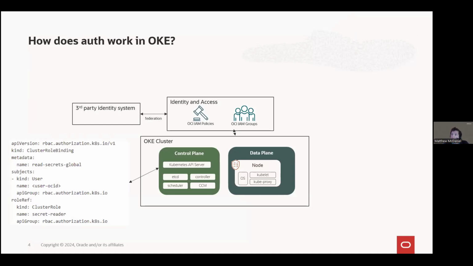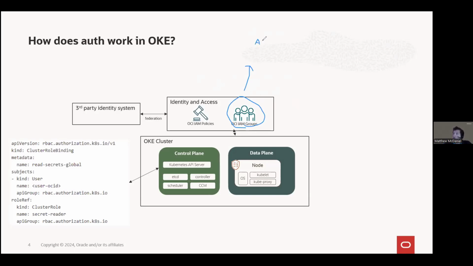How does authentication work in OKE today? As you probably know, if you use OKE, the way authentication works is that you have an OCI user. Here you're a user that's part of an IAM group, and you have credentials associated with that user.